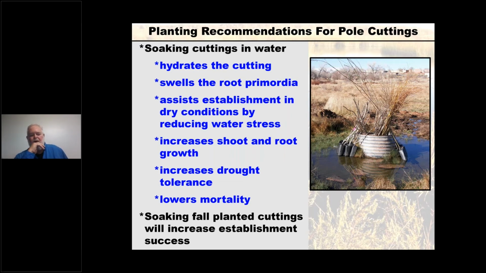If you do that, it takes a lot less time for the plants to get established. You assist in the establishment under dry conditions because you're reducing the water stress, you're increasing your shoot and root growth, you're increasing drought tolerance, and you're lowering your mortality.